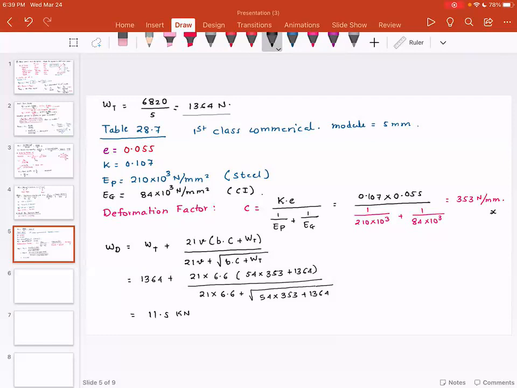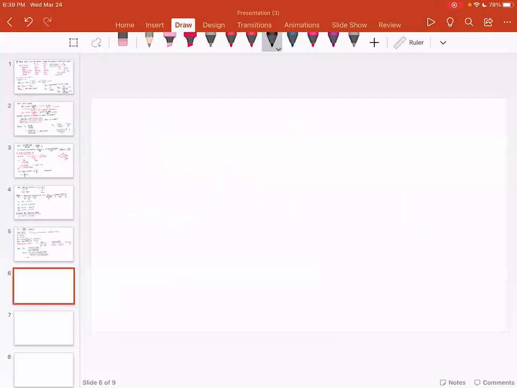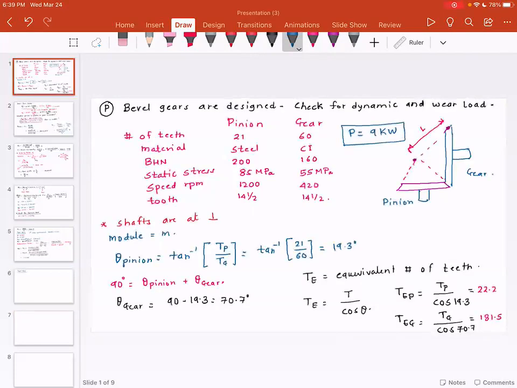So for that, we have to go back, and at this point, I want you to go to table 28.8. So go to chapter 28 and look at 28.8. It is important to observe that in this problem, the material is already selected.